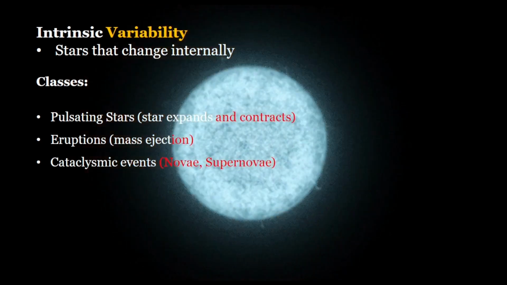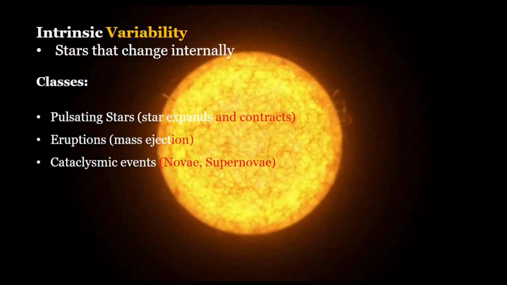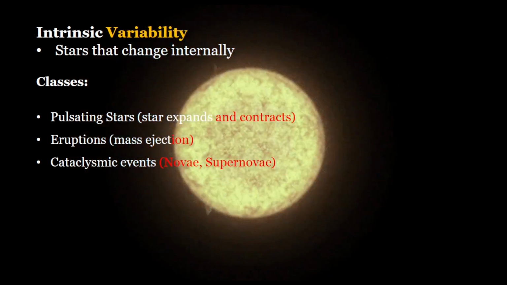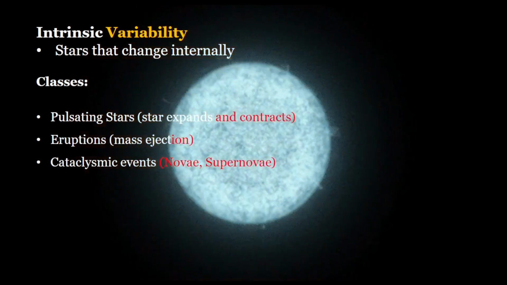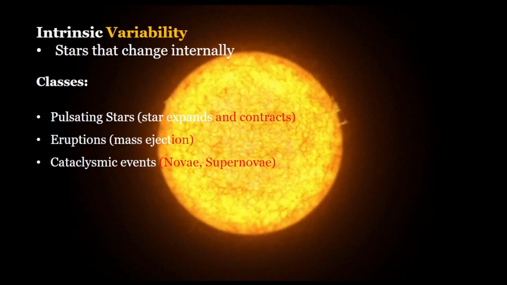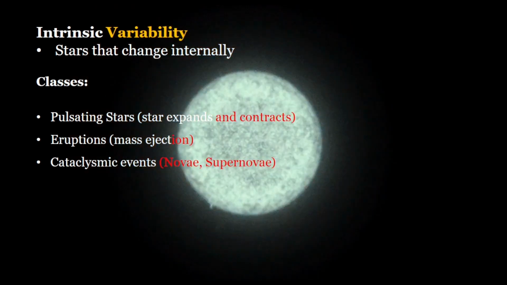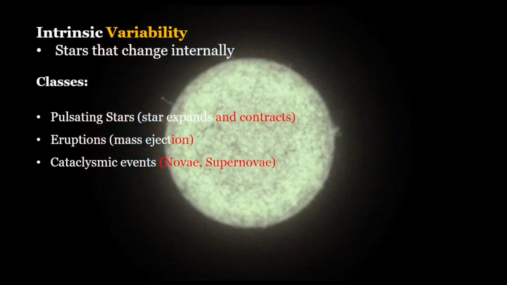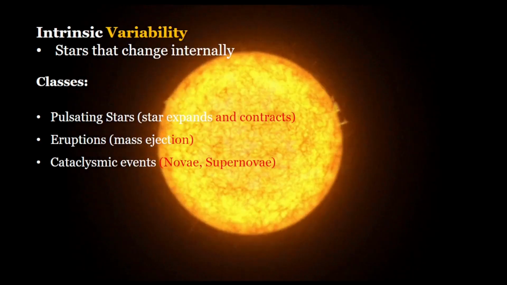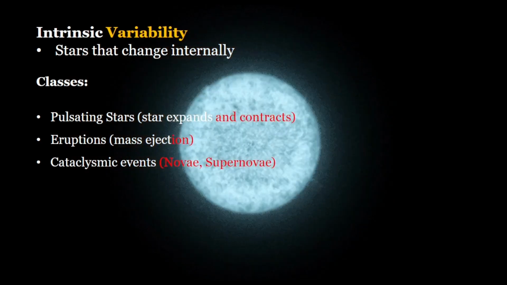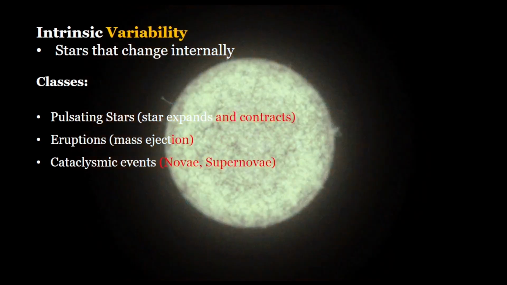Eruptions can cause intrinsic variability, eruptions like solar mass ejections. Then we have cataclysmic events, like novae and supernovae. Those are the things that can cause intrinsic variabilities in stars.